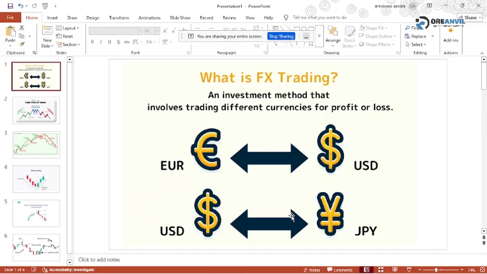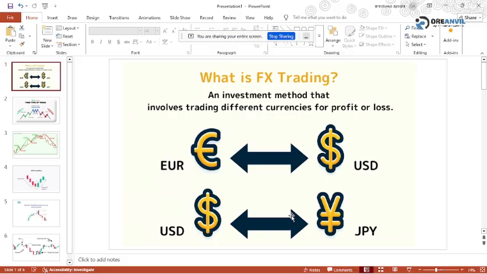And when we say something is foreign exchange, it means it has to do with correlation of two currencies or two products. But in this sense, we are dealing with foreign exchange. That means we are dealing with countries to countries, and we are dealing with their currencies.